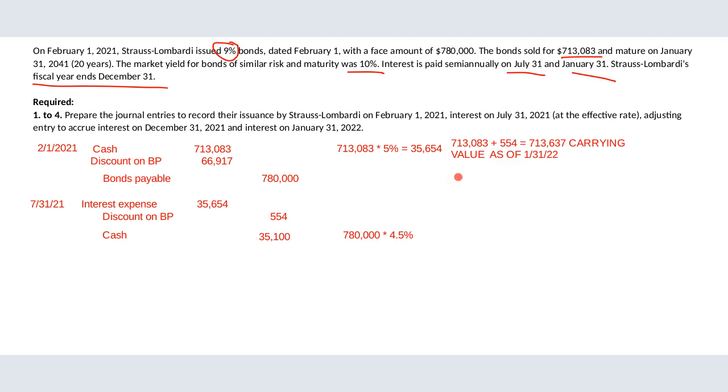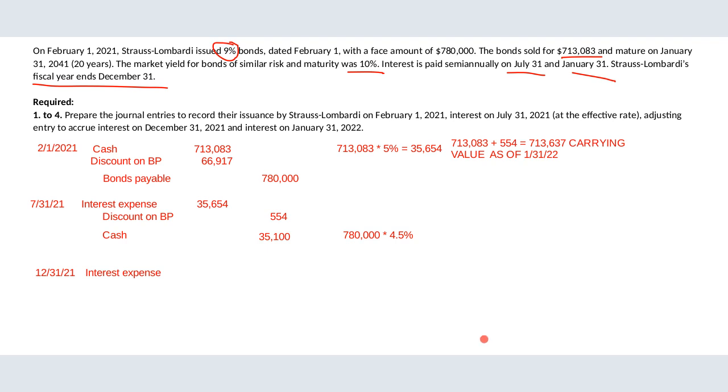Okay, so we're going to have to do the same calculations, except that there's a twist. Since the payment is not due until January 31st, we are going to have to do an adjusting entry to prorate the interest expense, because it's straddling two periods.